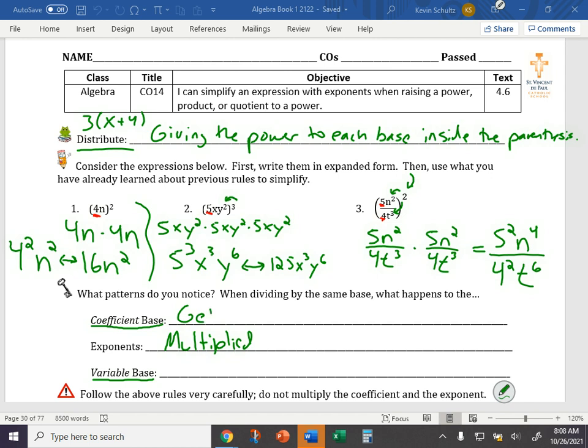They get the exponent, and you can either keep them the same or multiply it out. Okay, so they can be multiplied out. Like I said, you could write that 4 squared as 16 or leave it as 4 squared. You can write the 5 cubed as 125 or leave it as 5 cubed. But it gets the power, and can either be left alone or multiplied out.